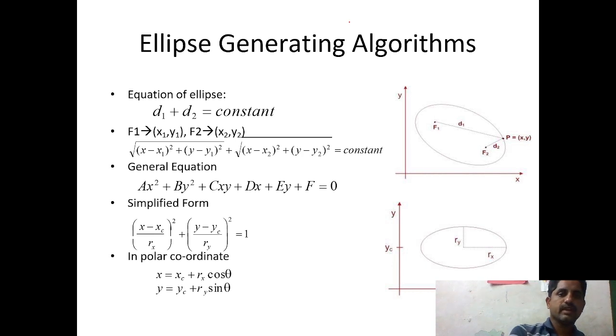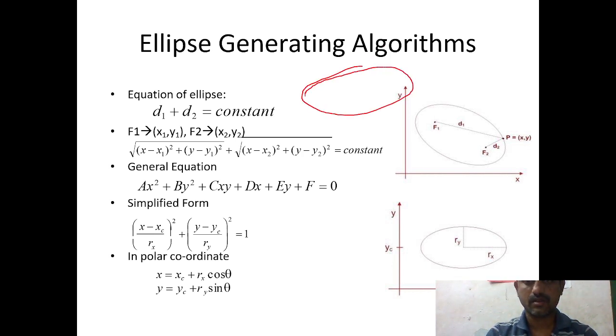Now, from the ellipse generating algorithm, there is an equation that is called an ellipse. This is an ellipse. So d1 plus d2 equal to constant, then F1 is x1 comma y1, F2 is x2 comma y2, then root of x minus x1 whole square plus y minus y1 whole square plus root of x minus x2 whole square plus y minus y2 whole square is constant.